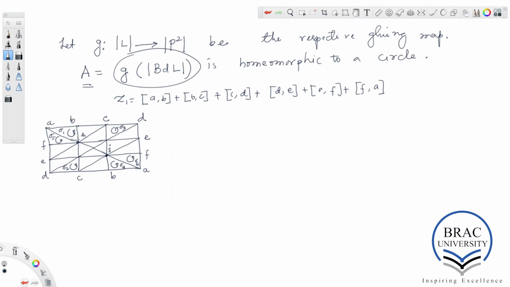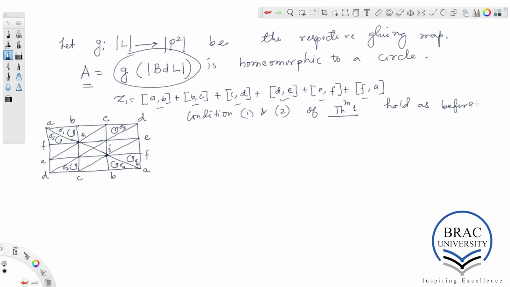So Z1 is the linear combination of all these elementary 1 chains given by this equation. Conditions 1 and 2 of theorem 1 hold as before. Why?